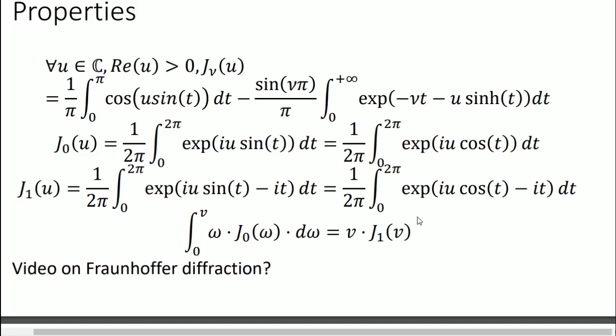So this result is useful for Fraunhofer diffraction with a circular hole. And at first I thought about doing it, so I just wrote video about Fraunhofer diffraction, but I'm not sure I'm going to do it finally, so I don't know. But this is useful for this.